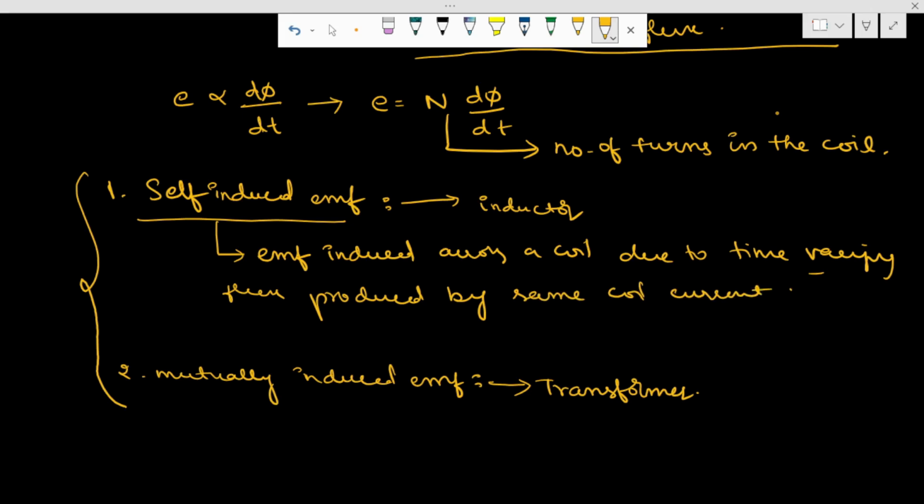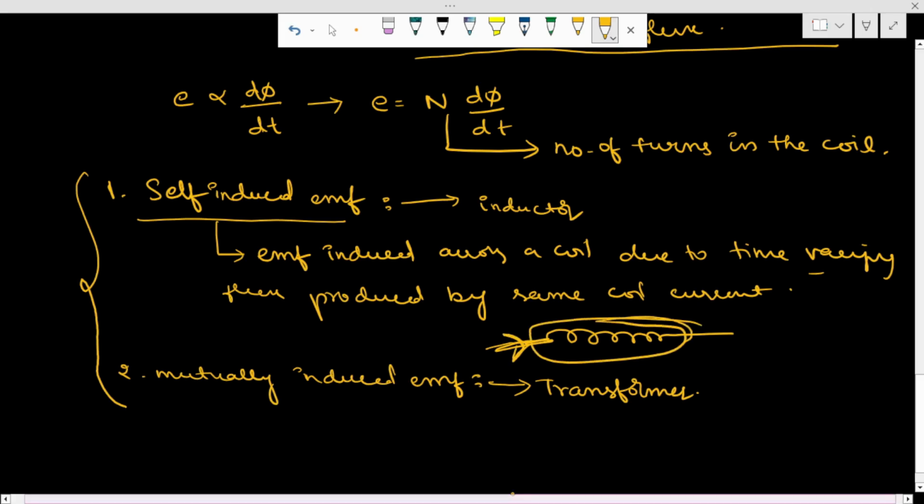It means, take the inductor. We are giving the current to this coil and EMF is induced in the same coil. This is called the self-induced EMF.